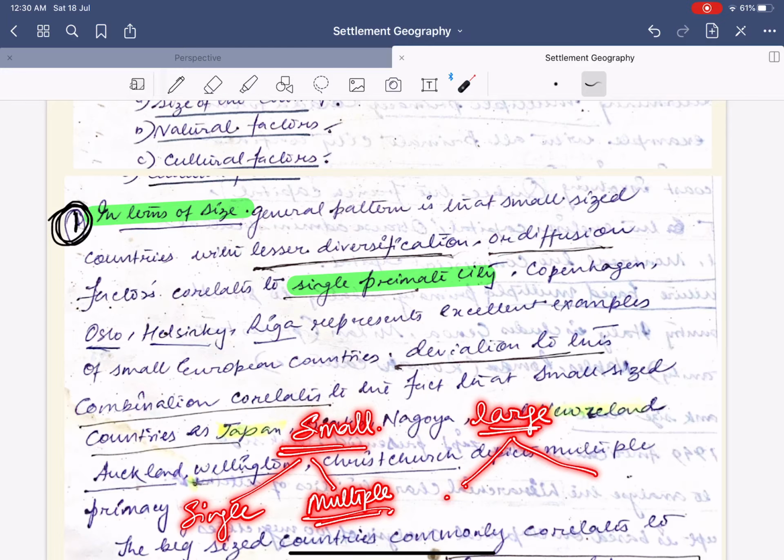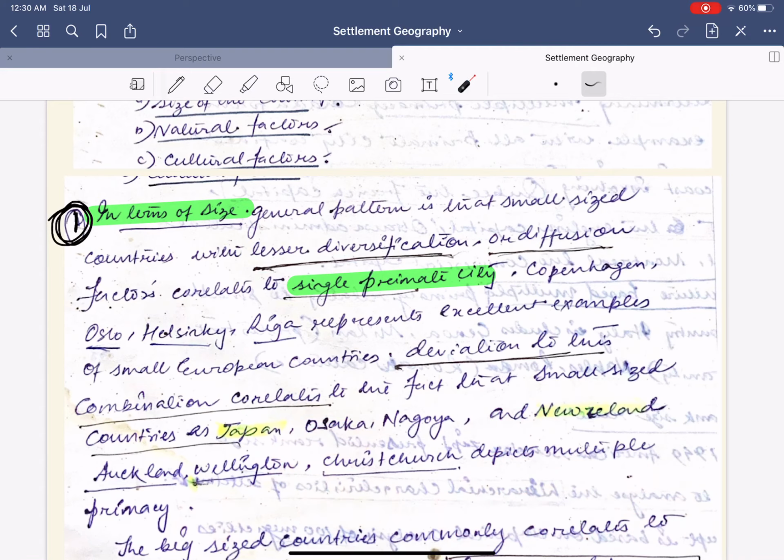Again, within the large countries, we took the example of the USA and Australia as examples of multiple primacy, and in case of single primacy, we took the example of Argentina, which has Buenos Aires as the only primate city.